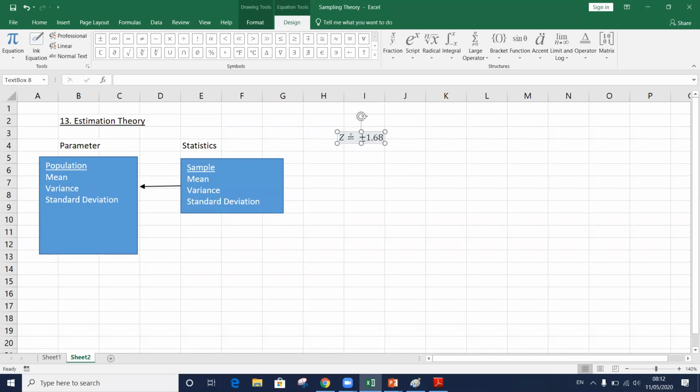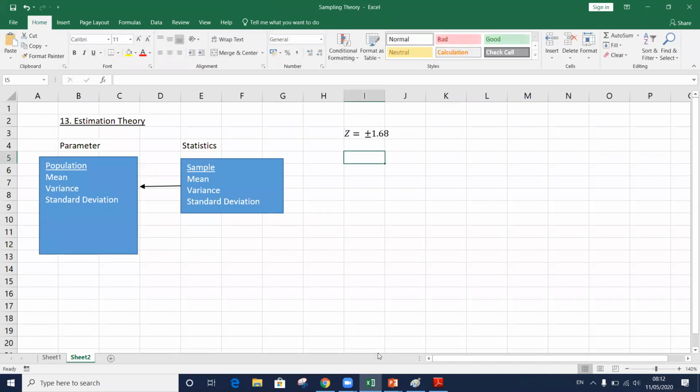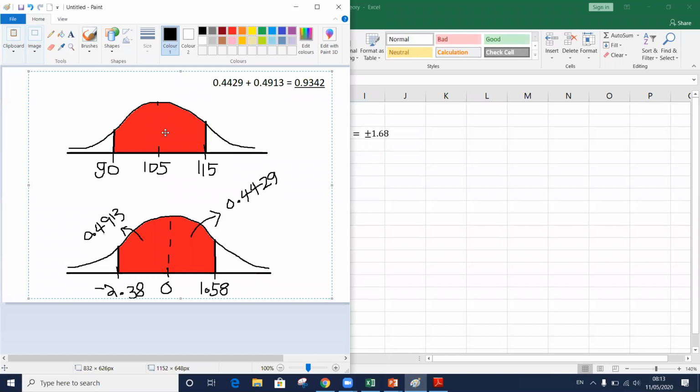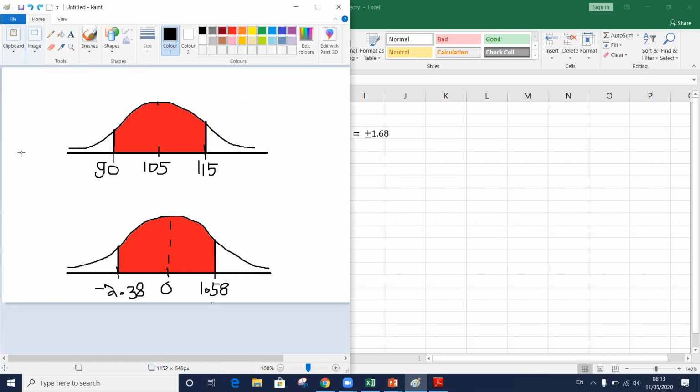Z equals plus or minus 1.68. What do you mean by that? Z equals plus or minus 1.68.